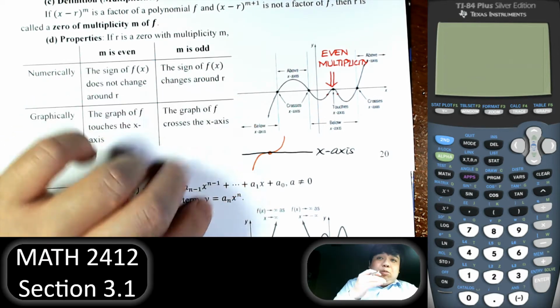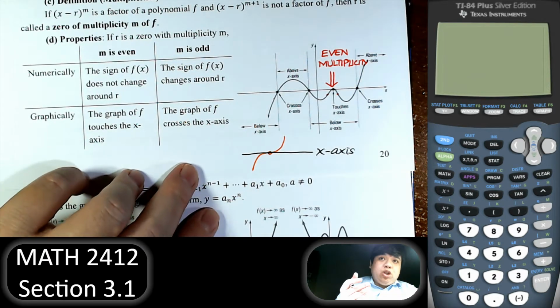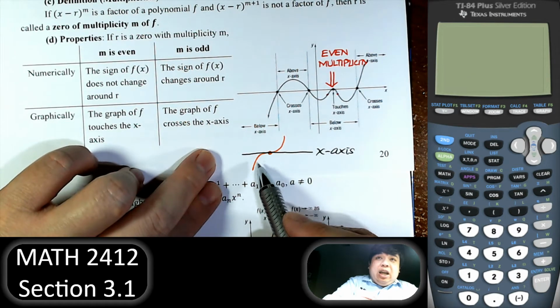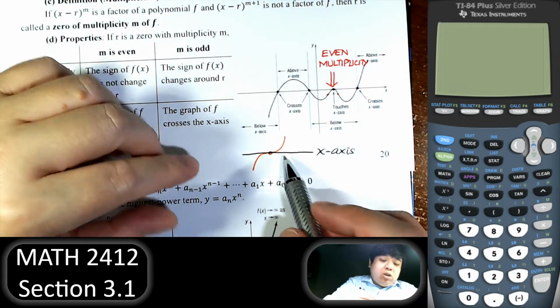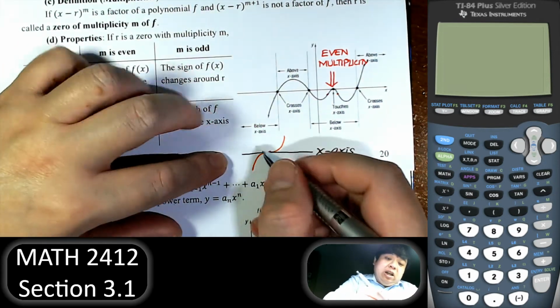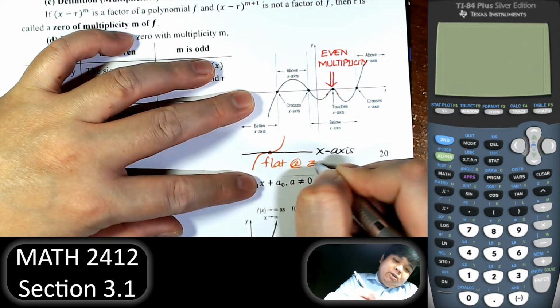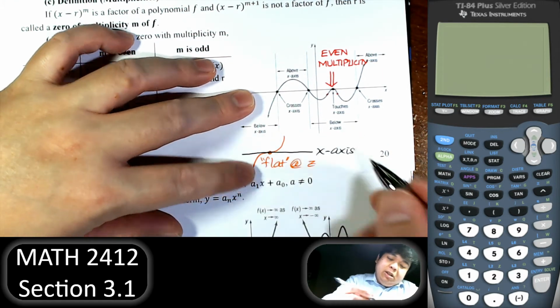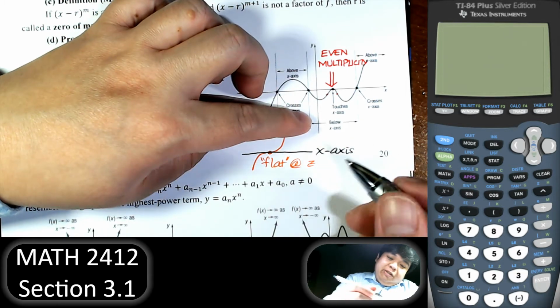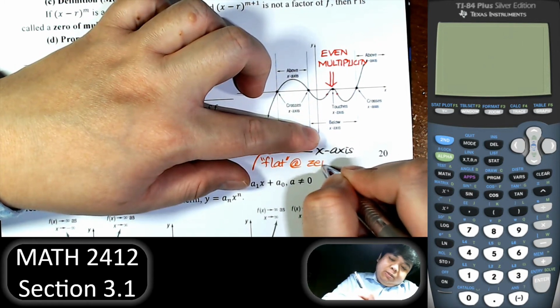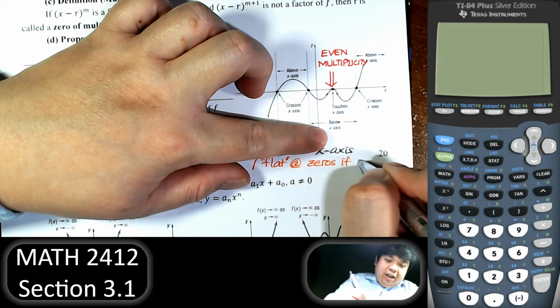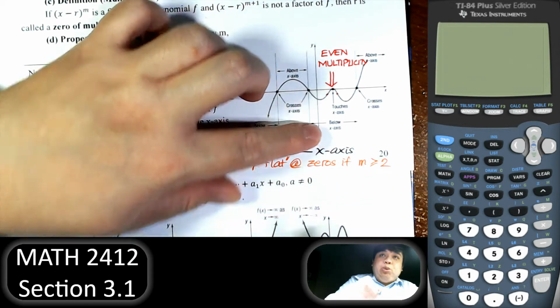So when the multiplicity is greater than or equal to 2, whether it touches or crosses the x-axis, it doesn't matter. It will be flat at the zeros. I mean, flat is a relative term. Flat at the zeros if multiplicity is greater than or equal to 2.